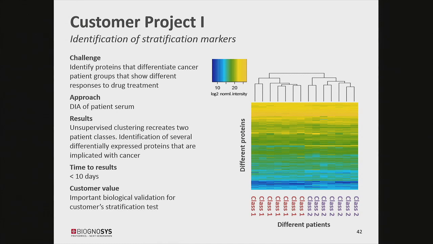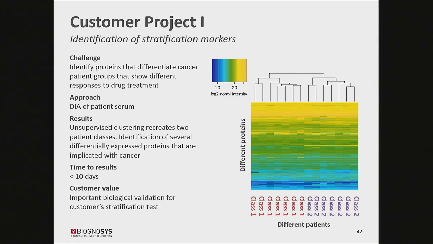The results were, so one quality control result was that if you do unsupervised clustering of the data, depicted here, so this is unsupervised clustering of the 2 patient groups, they perfectly clustered together. So that's very nice to see, of course. Basically by clustering, we could separate the 2 groups. This shows you that the quality of the data was very high.